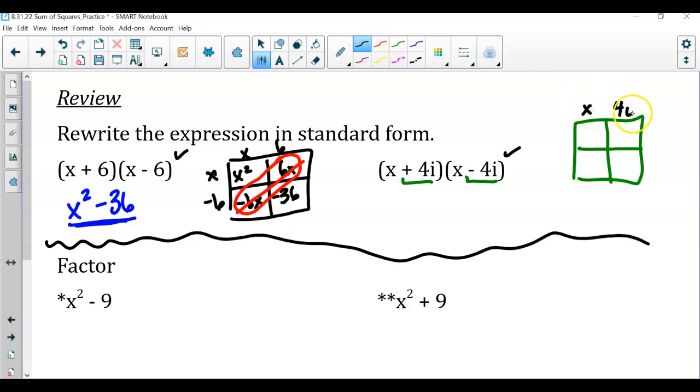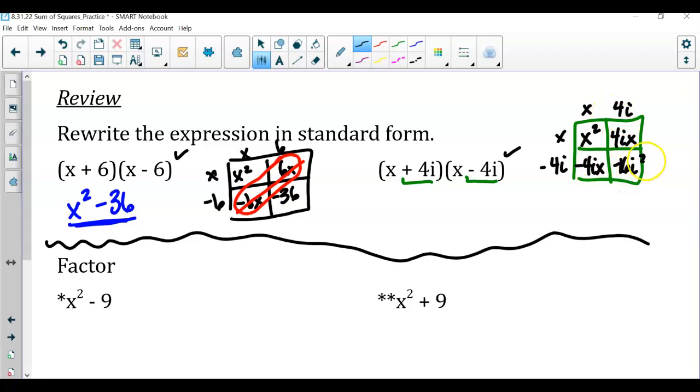So x and 4i and x and negative 4i. So here now you have x squared, 4ix, negative 4ix, and then here you have negative 16, but i times i squared.